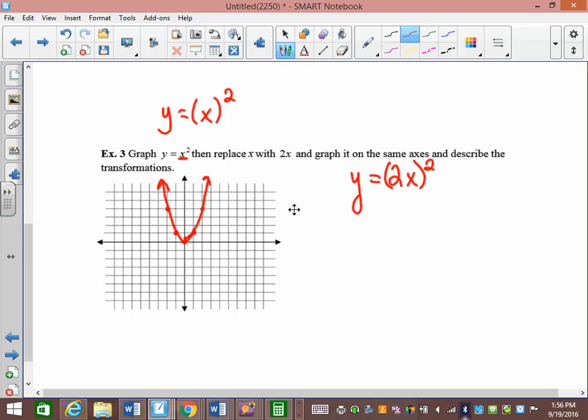Right. So we have a horizontal stretch by a factor of a half. So all my x's are being halved. And then this would be at negative 1. Yeah, half. This is at 2, so it's going to be at 1. The 2 is going to be at 1.